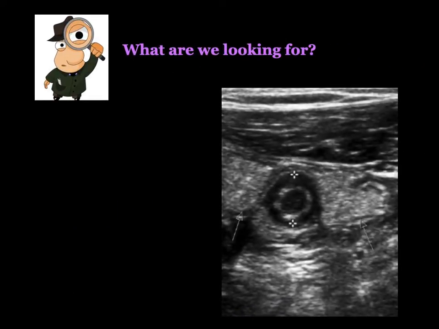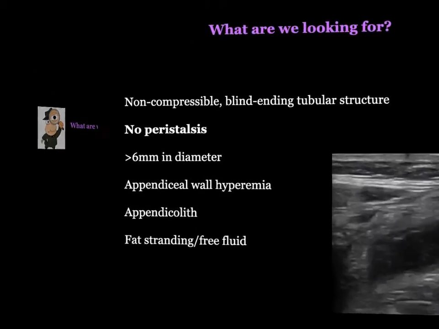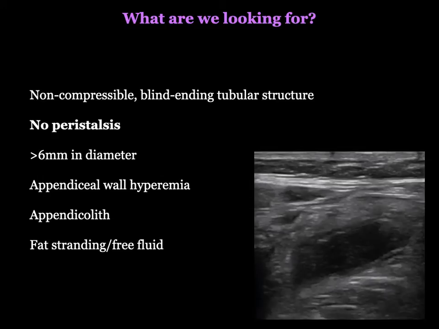So what are we looking for when we're trying to diagnose appendicitis? Well, there are a couple of characteristics that you want to look for if you are performing this examination. And these include the following. So we are looking for a non-compressible, blind-ending tubular structure. So if you're looking at something that you think may be the appendix and it is compressible, then that's unlikely going to be the appendix.